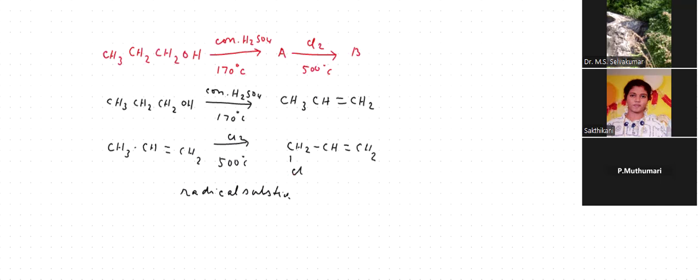If the reaction is carried out at low temperatures, what will happen? At ordinary temperatures, the two chlorines would have got added here. This is an addition reaction at low temperatures. But at high temperatures, radical substitution takes place and this is formed.